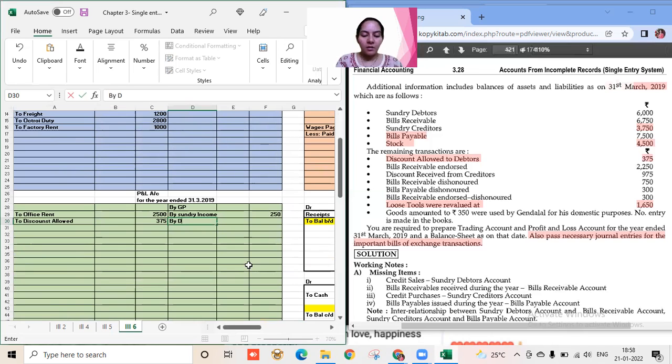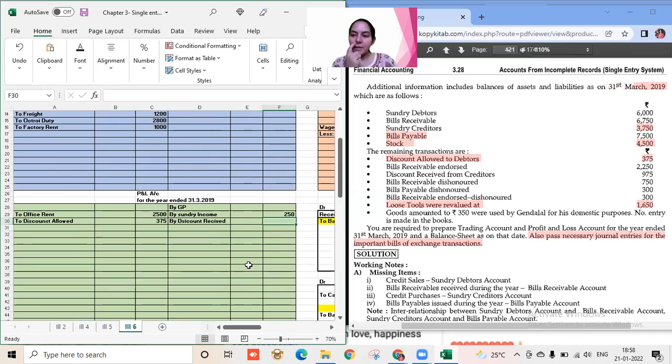So by discount received, put it on the credit side, 975. Given both the impacts? Yes, ma'am.